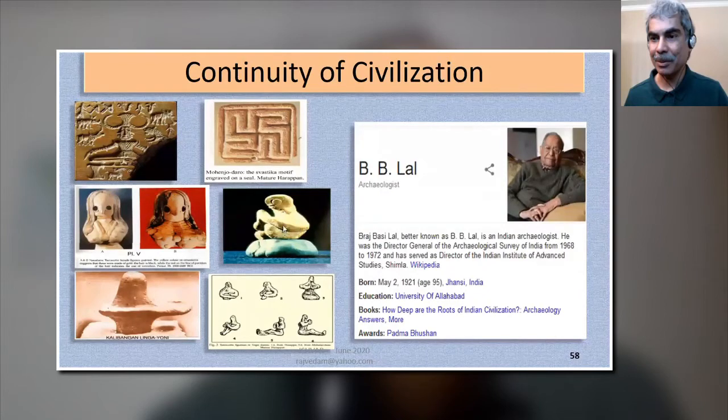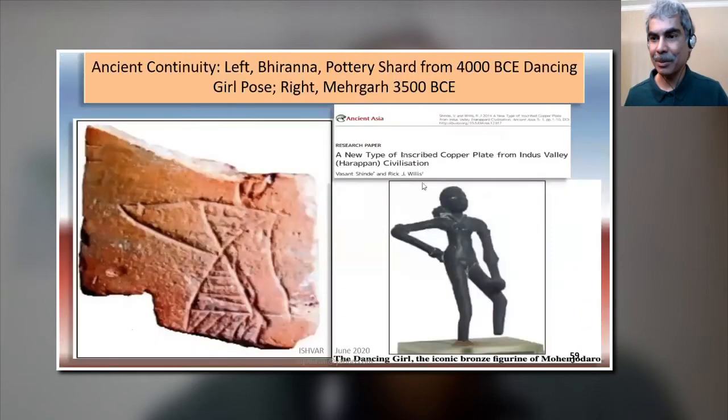It has got a Namaste pose. In Kalibangan, you have a Shivalinga over there. You've got yoga asana position found in Kalibangan and other places showing yoga. So clearly, the so-called Vedic concepts do not come later in the chain, but they are embedded within the Harappa artifacts itself, giving rise to the ideas, the continuity of civilization. Similarly, the famous dancing girl pose is also found from Birana to Meghar. You find the same thing, very interesting.